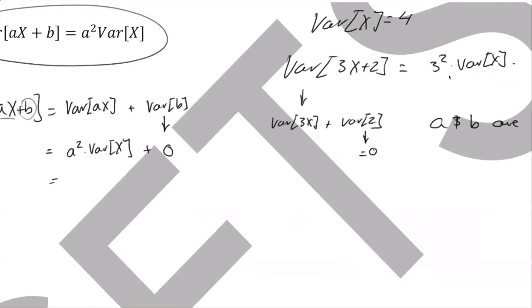So even here, when you take out the 3, it should be 3 squared, just because everything in variance is a square term. So that's a way for you to derive that without really having to memorize it.